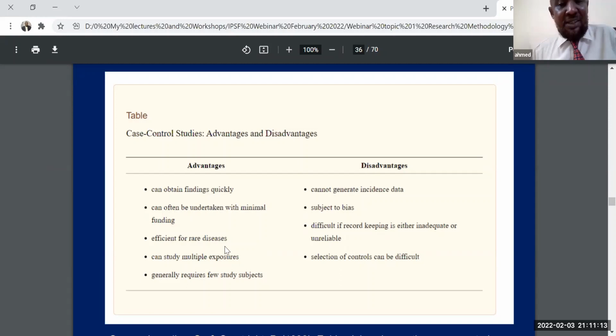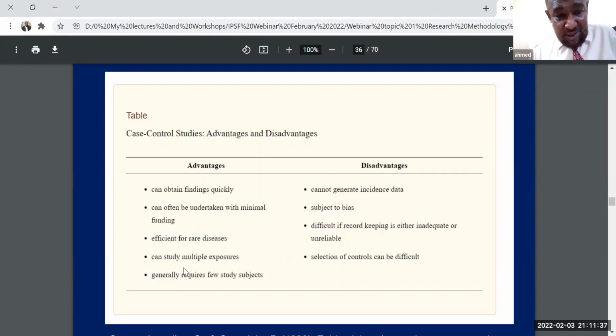But here, in case of rare disease, we don't have an option other than using case control, because even rare subjects can be selected from a clinic, from a certain treatment center, and then compared with a cohort, with control. So if it is a rare disease, we just go to case control.